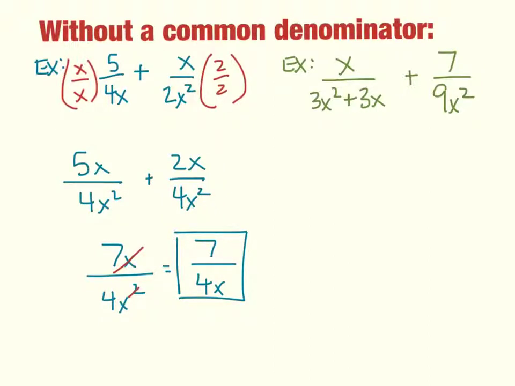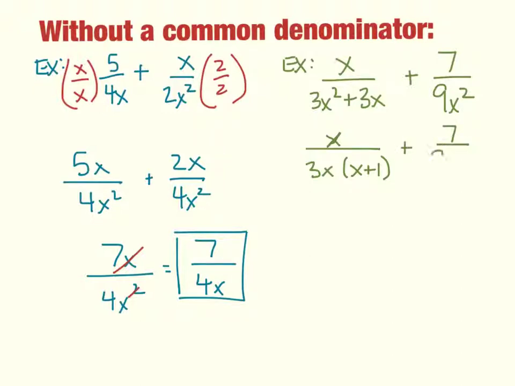Okay, whenever we have to factor the denominators, though, it can get a little bit trickier. Like x over 3x squared plus 3x plus 7 over 9x squared. So I look at this problem and I think, okay, x over 3x squared plus 3x. Those have a 3x in common. And I'd be left over with x plus 1 whenever I factor out that 3x.